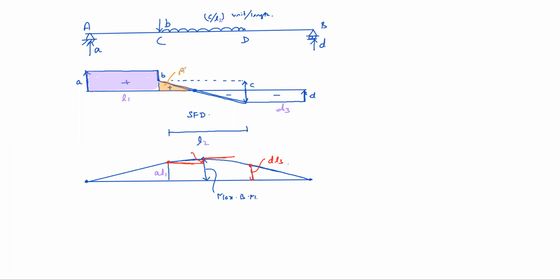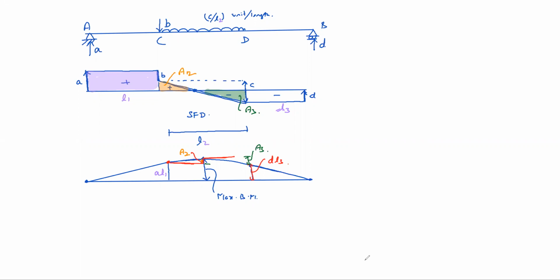Suppose this area is A2, so this will be the A2 ordinate, here rise. Then the negative area is adding. That means next we are having a negative area like this. Suppose that area is A3. So from here to here, the drop is A3 amount. Okay, clear?